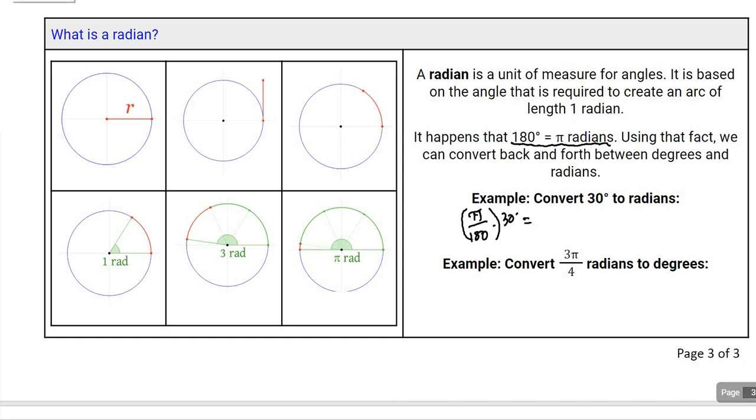Second example, convert 3 pi over 4 radians to degrees. So we have 180 degrees over pi, and we get 3 times 180 divided by 4. And if you put that in your calculator, you get the answer.